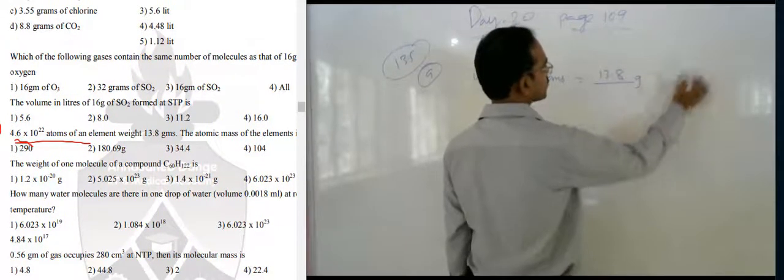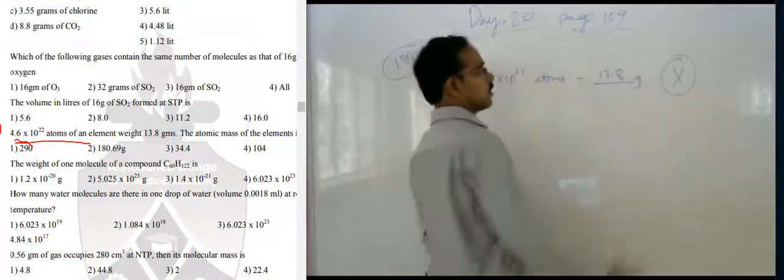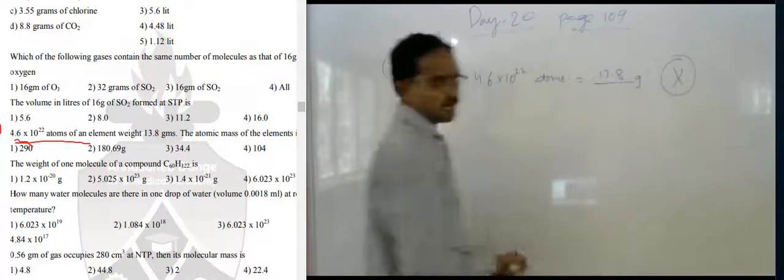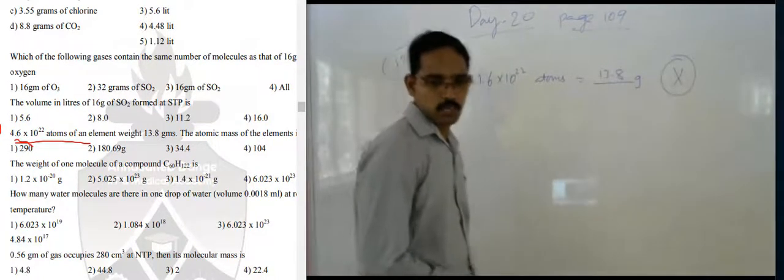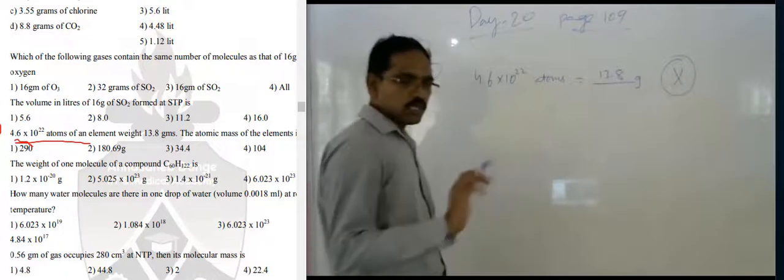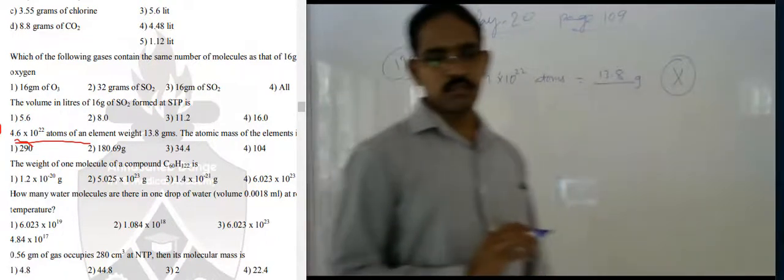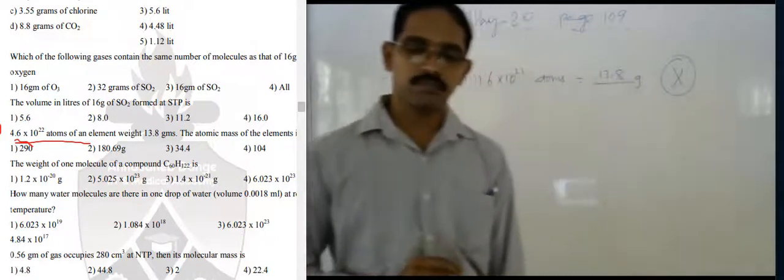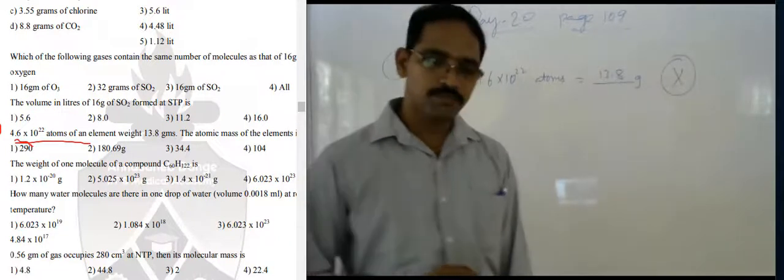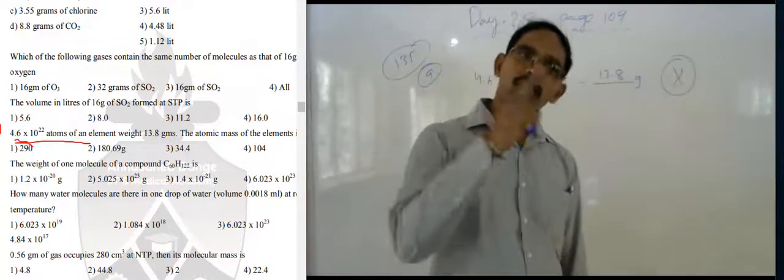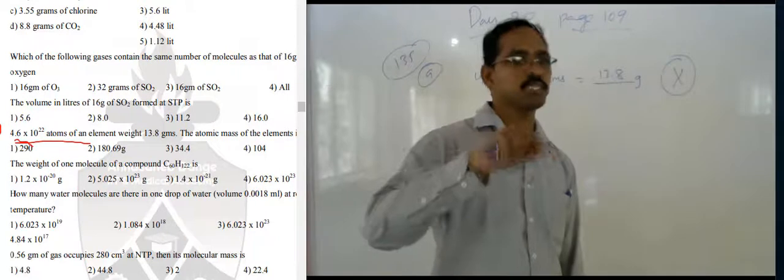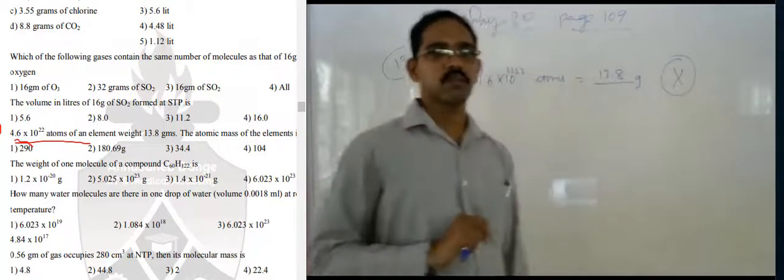This element is X, we don't know that element X. They are asking what is the atomic mass. For that, atomic mass is always considered as the mass of 1 Avogadro number of atoms.